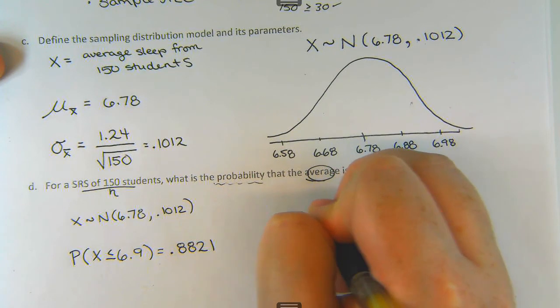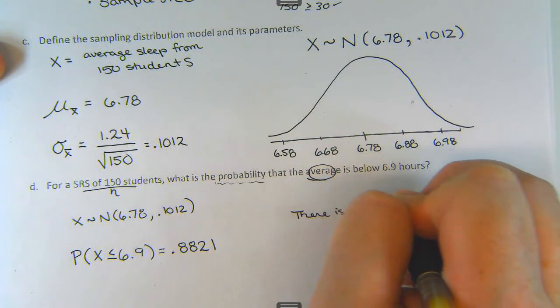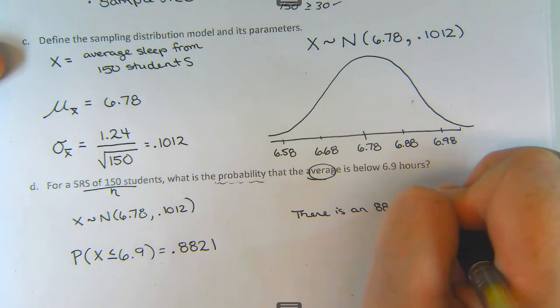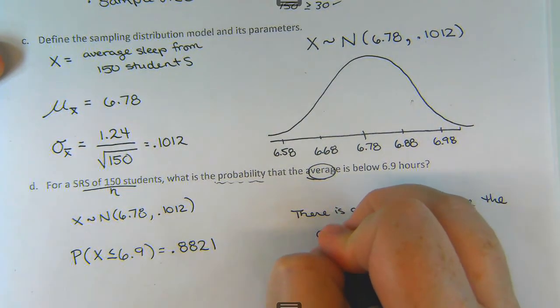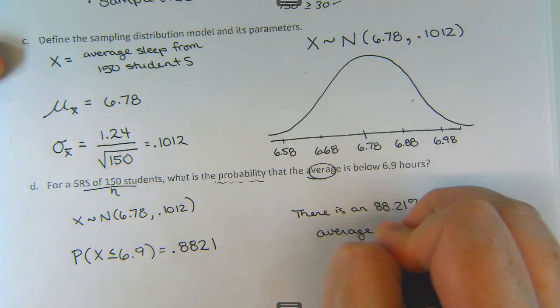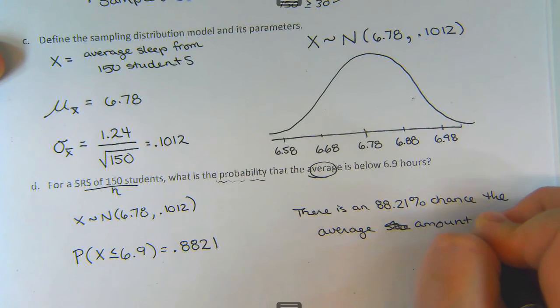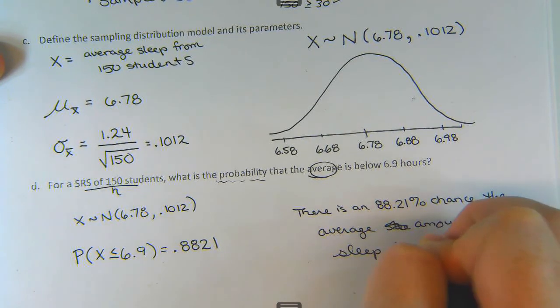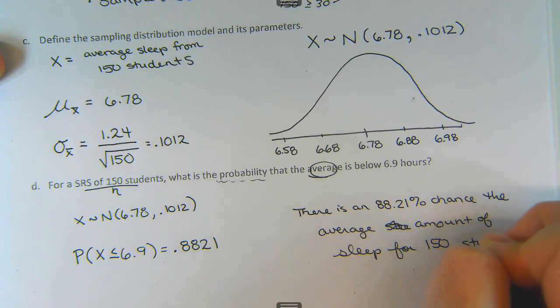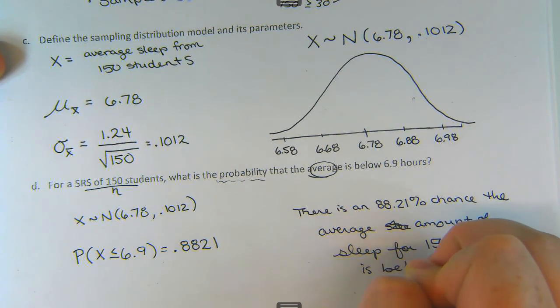So our interpretation there: there is an 88.21% chance the average amount of sleep for 150 students is below 6.9 hours.